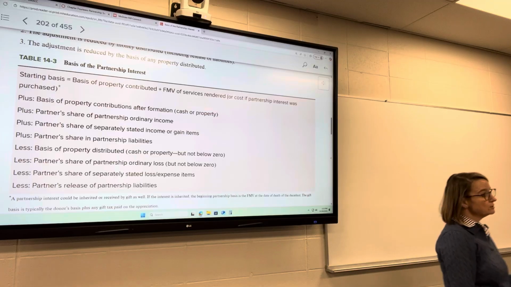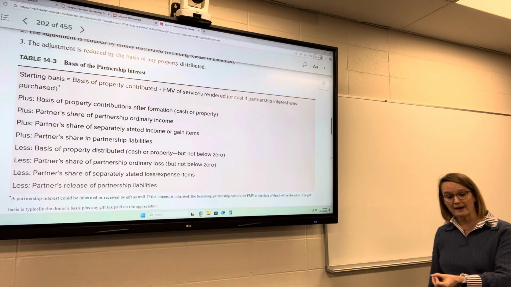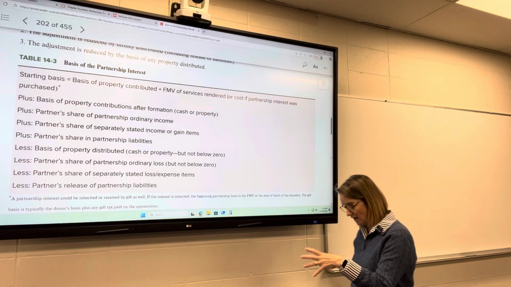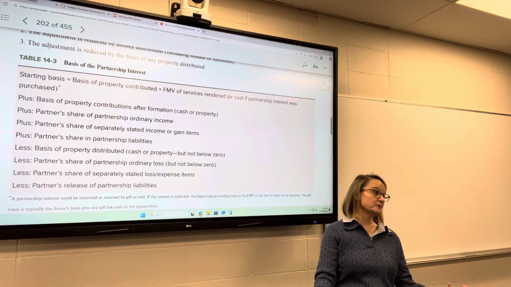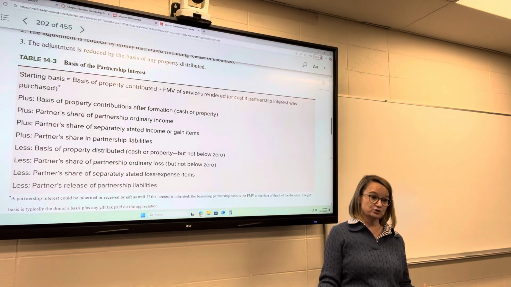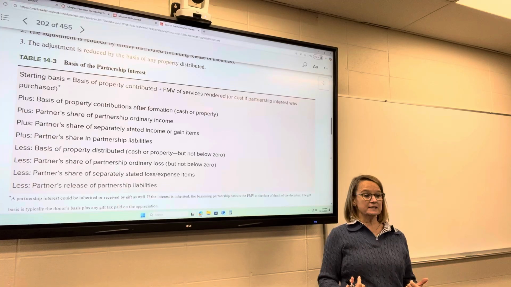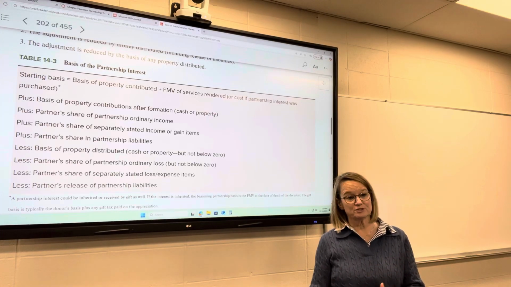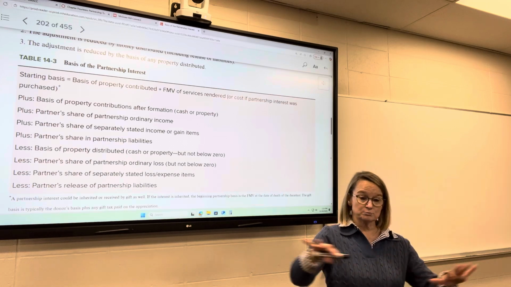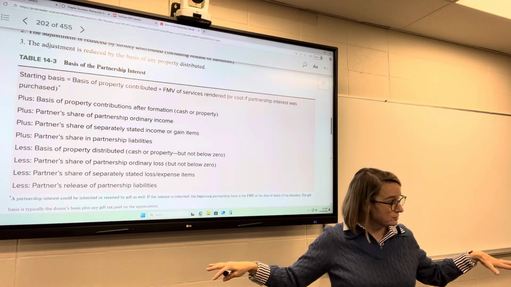If you remember back when we started this chapter, we had a scenario where we had an individual who contributed a building that had a liability attached to it. That liability was released, so that partner was no longer responsible for the whole liability. That got spread out amongst the partners.